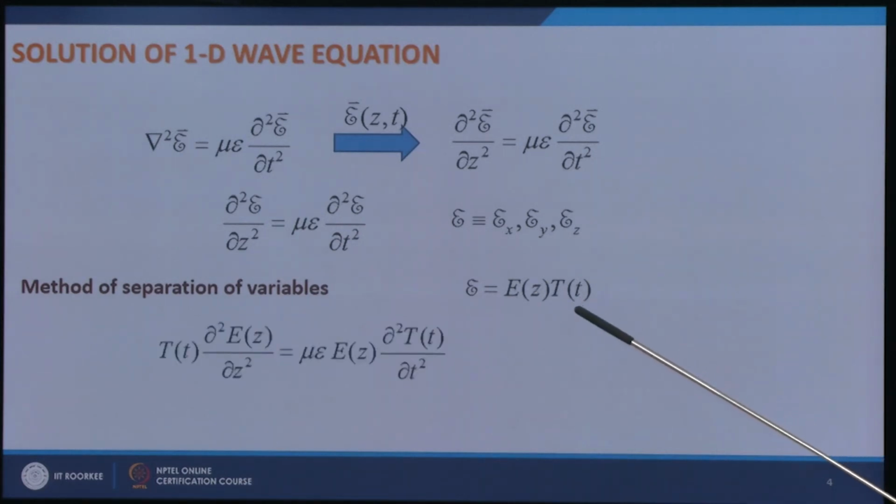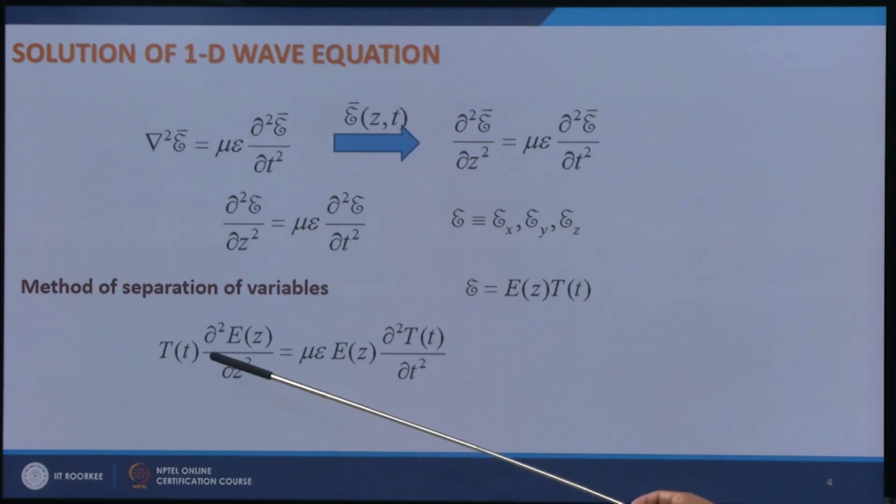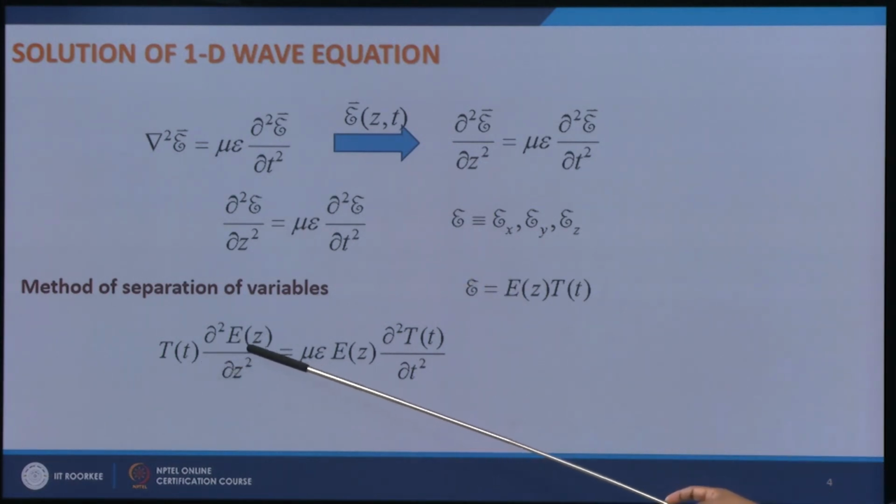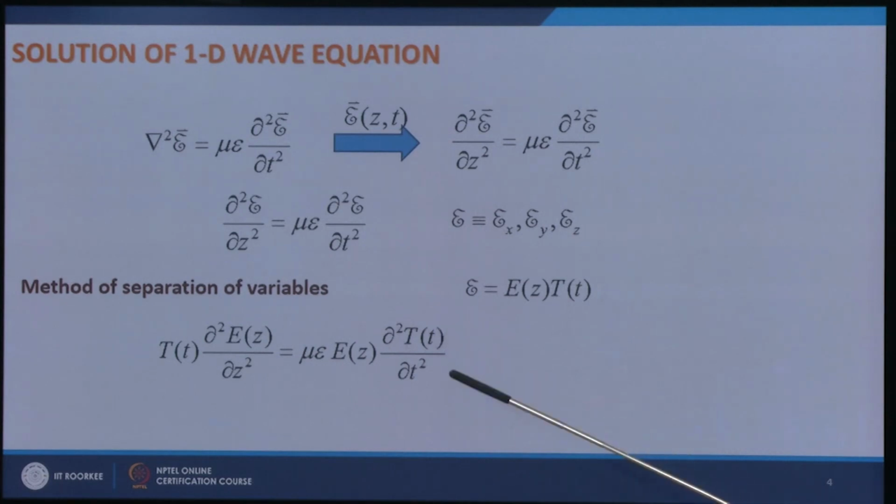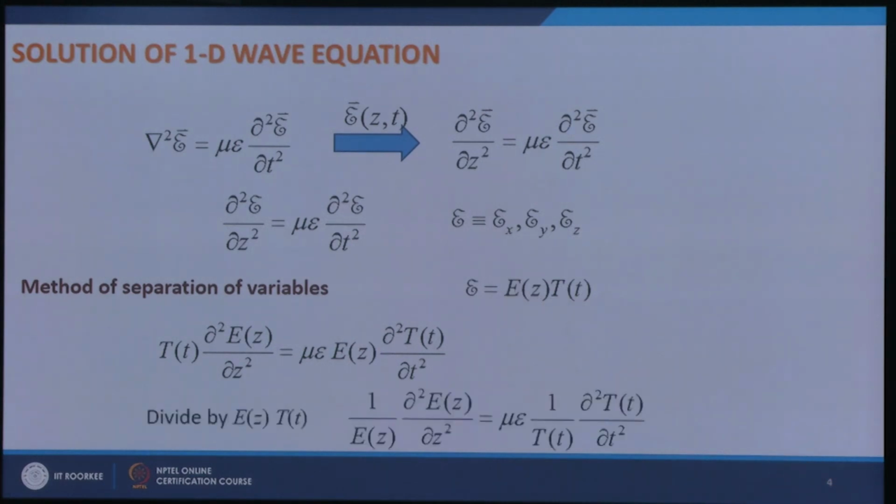If I put this E into this equation, then I get T times del 2 E over del z square is equal to mu epsilon E del 2 T over del t square. I divide this by E times T, and then I transform this equation into this form.